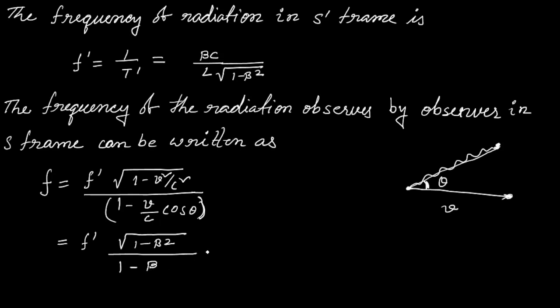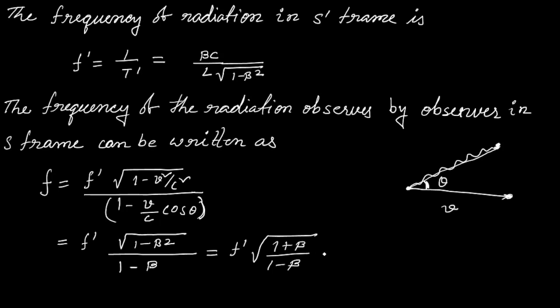And then if we simplify these things, what we'll get is f prime under root of 1 plus beta divided by 1 minus beta.